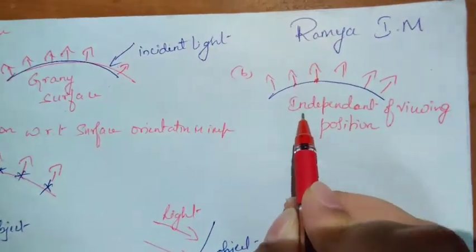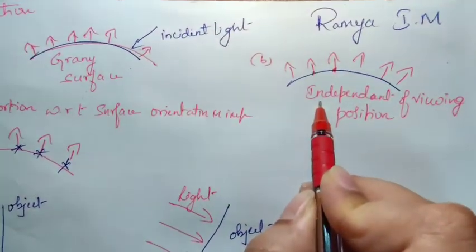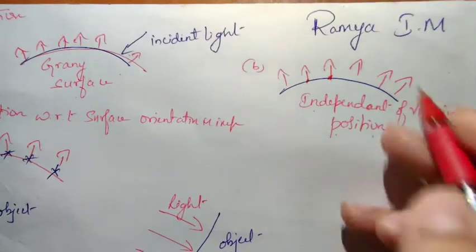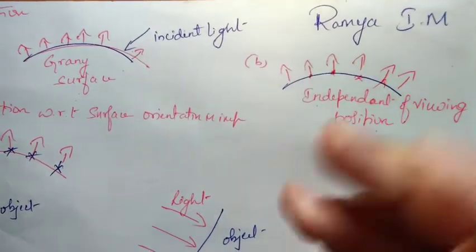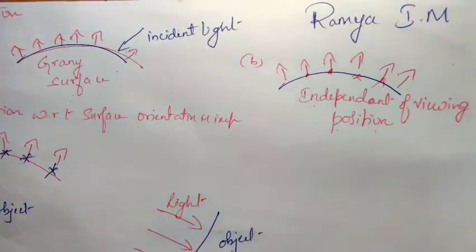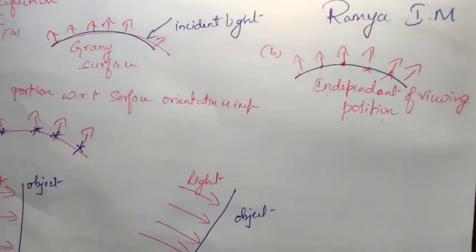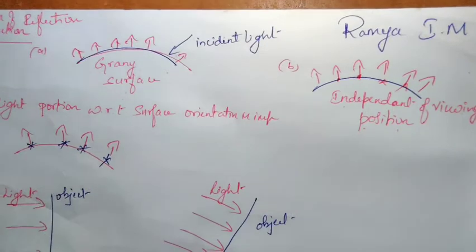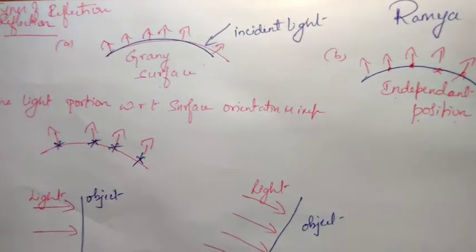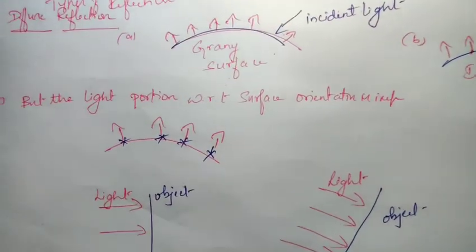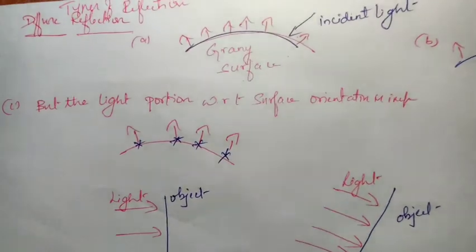That's why we say that in diffuse reflection, it is independent of viewing position. Wherever you stand, you will get an equal amount of light. But the main thing in diffuse reflection is that the light with respect to the surface orientation is very important. It means it is surface orientation dependent.